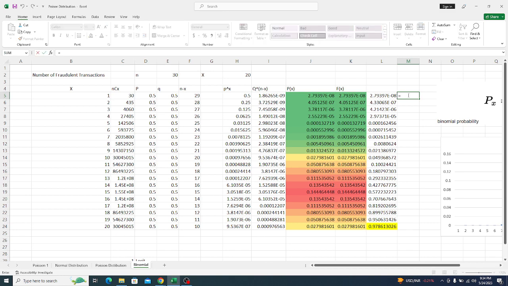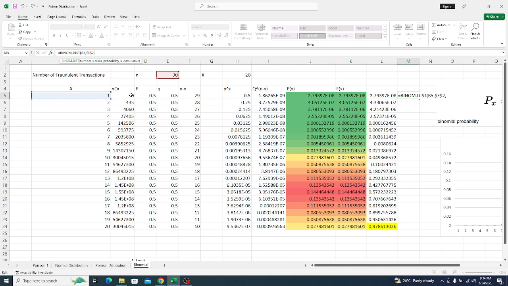So for example, if I am saying that this is binomial distribution, then I want the number of success. Where is the number of success? Here it is. Then we need the total trials. The total trials are 30. So let me lock that cell.